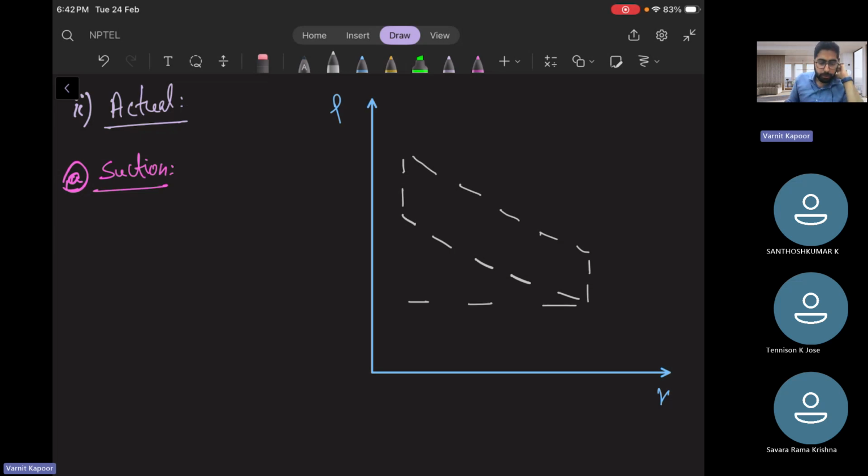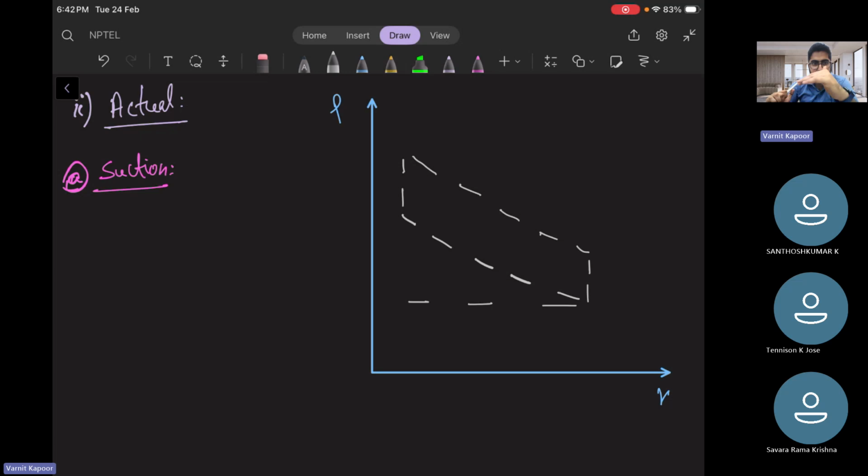Now, if you observe, as I explained in the first tutorial on how the engine works, suction will only happen in the cylinder if the pressure inside the cylinder is less than the atmospheric pressure from which the air-fuel mixture is entering.